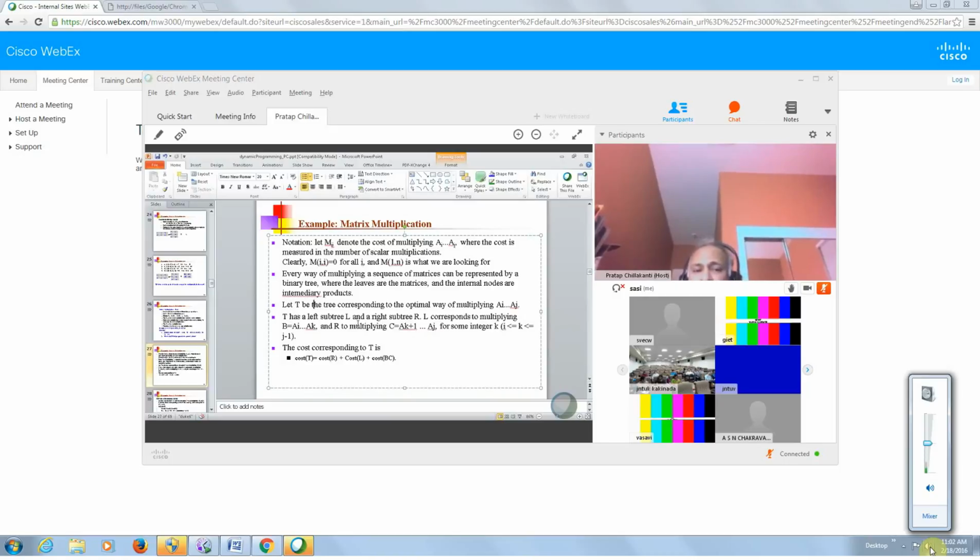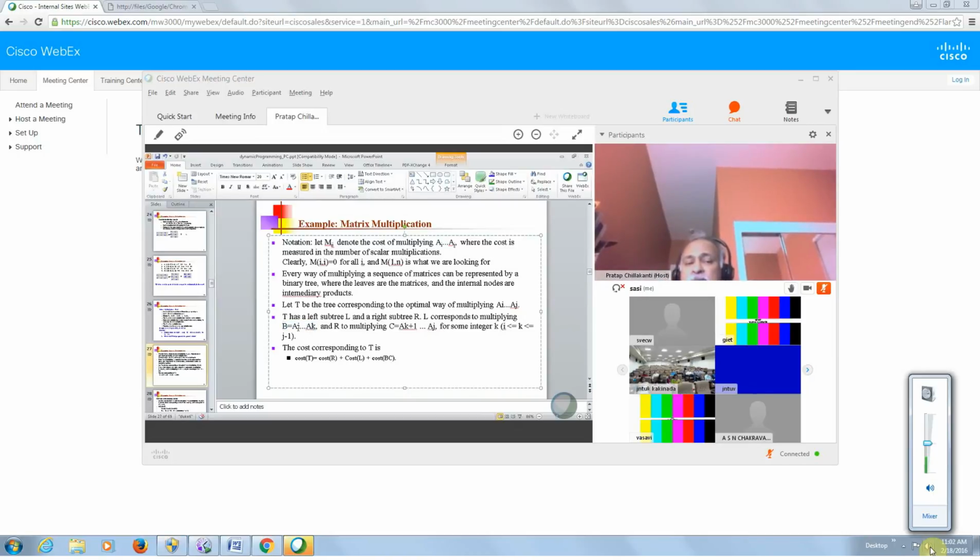Okay, going back to this one here, when you have a tree here, you are going to represent the tree with a left subtree and a right subtree. So left and right, understood, pretty straightforward, right? And the left subtree corresponds to multiplying, so that is one matrix. Remember, we are able to show this as leaves and intermediate nodes. These are all matrices.